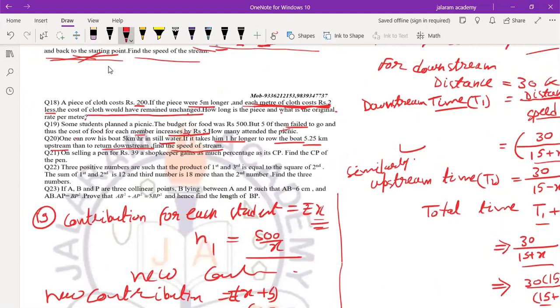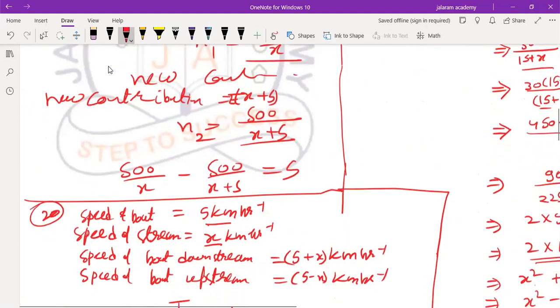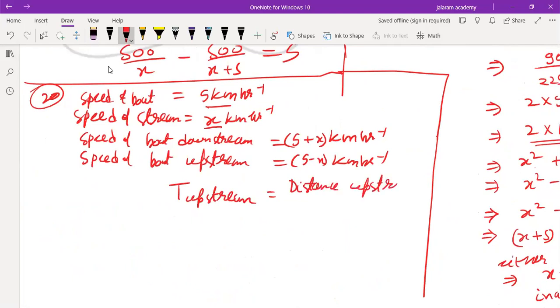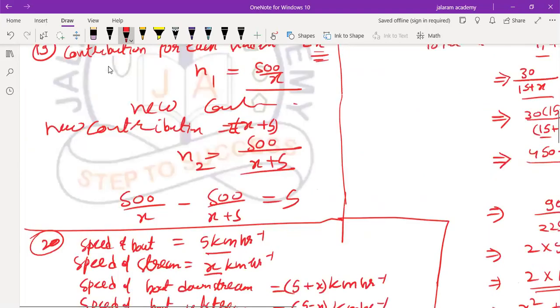If it takes him 1 hour longer to row his boat 5.25 kilometer upstream, okay, so we will find time for upstream first. Time for upstream is equal to distance upstream upon speed upstream.